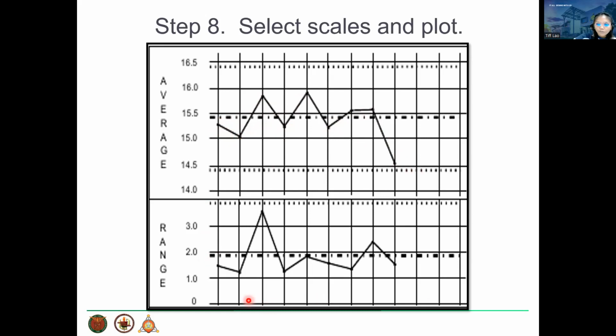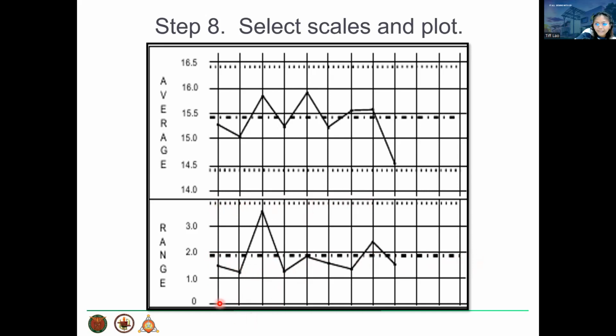Okay. So for the range naman, similar idea, your center line is the what? What's the descriptive statistical value here? Correct. The center line is your mean range. And wala tayong lower control limit. So yung upper limit natin ay yung nakuha natin kanina.